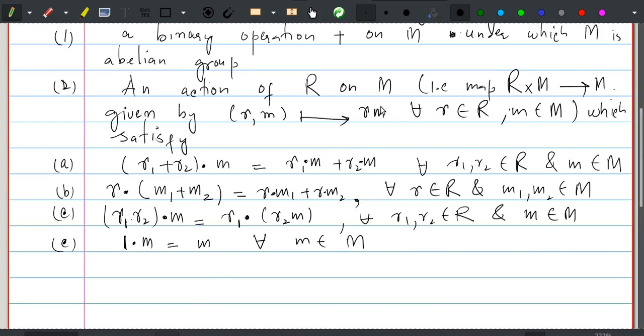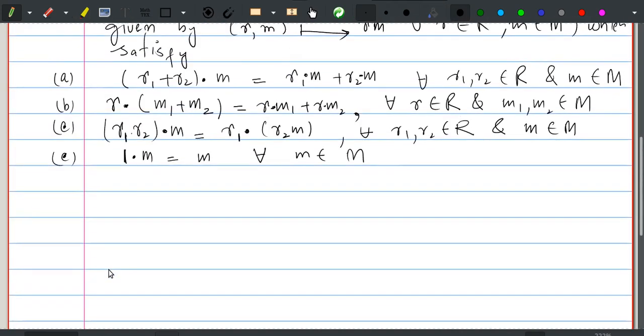So if M is an abelian group under addition with this extra structure which satisfies these properties, then M is said to be an R module. Now let us give some examples of modules.